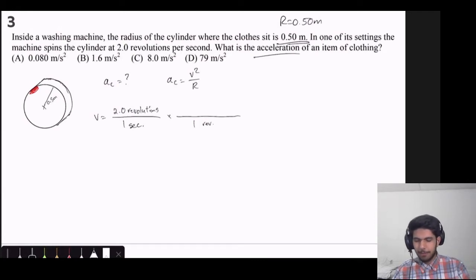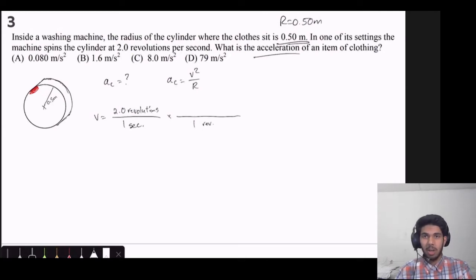So from its starting point to its ending point, 1 cycle is 1 revolution. You can also think about it in terms of the Earth and the Sun. The Earth makes 1 revolution around the Sun in 1 year, 365 days. So that's a revolution.